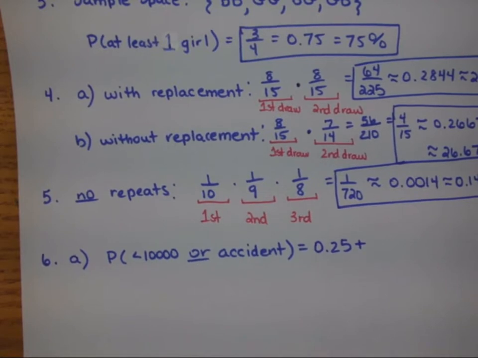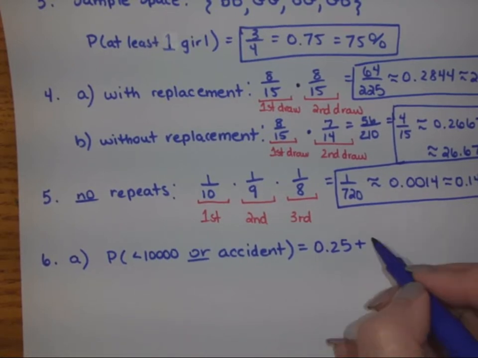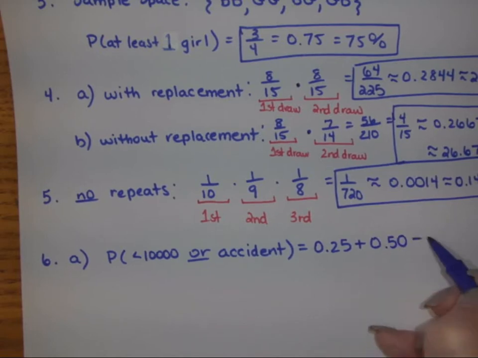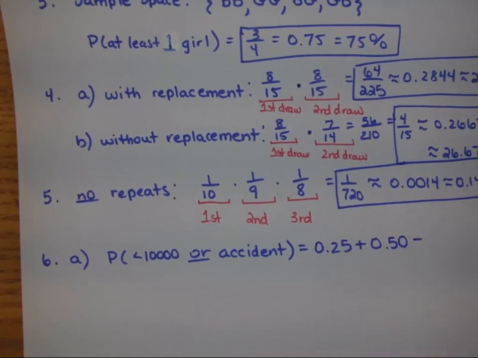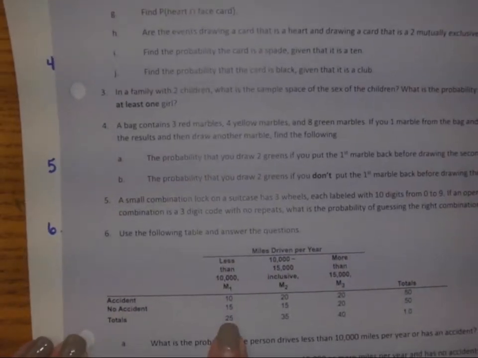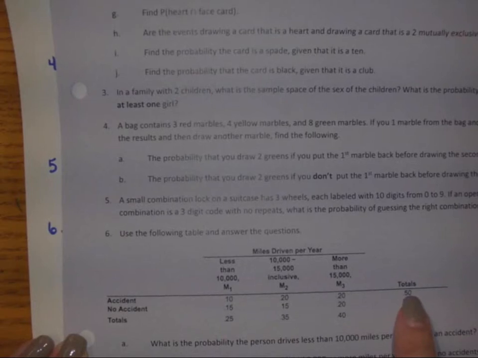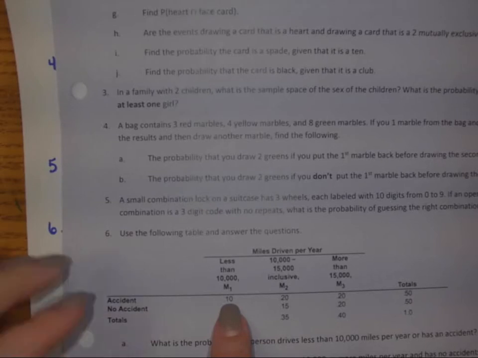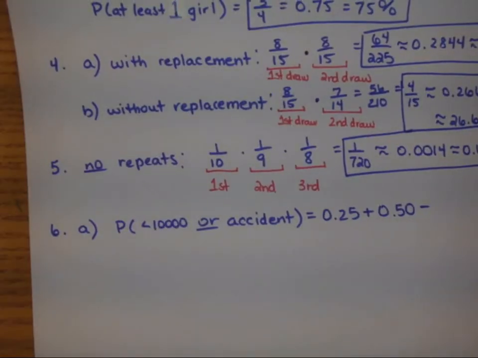We're going to add that to the probability that they had an accident. If you look at your table again, the total that had an accident is 0.50. But then we need to subtract off anyone who's in both categories. I'm going to show this right here. This is where I got the less than 10,000. This is where I got the accident. But then we need to subtract off the people that were less than 10,000 and had an accident, because we don't want to double count those people.